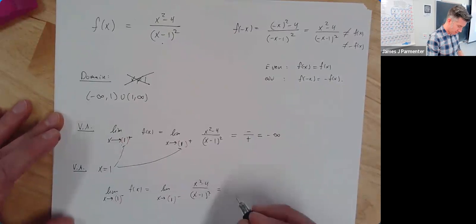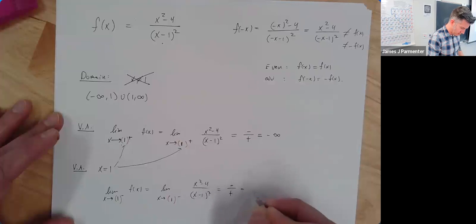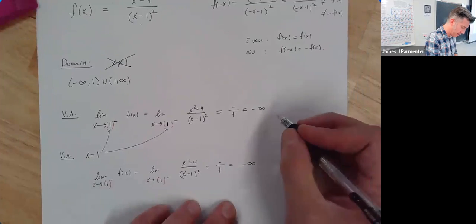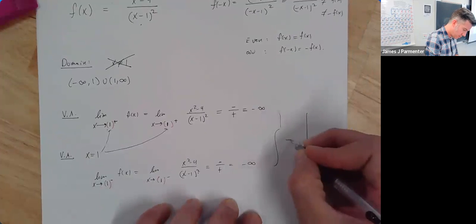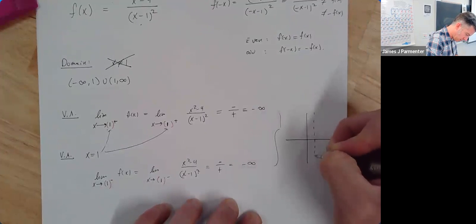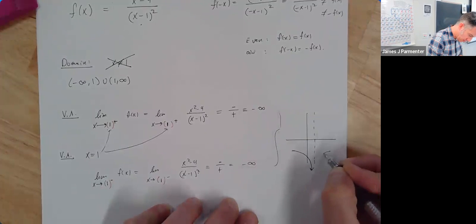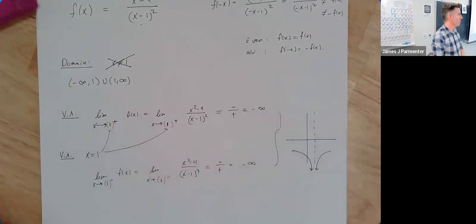So we still have a negative over a positive, which means we're still going down to negative infinity. So what this tells me is that when I graph things later, both sides of my vertical asymptote are going to be going down, down, down to negative infinity. That's what that tells me. Great.